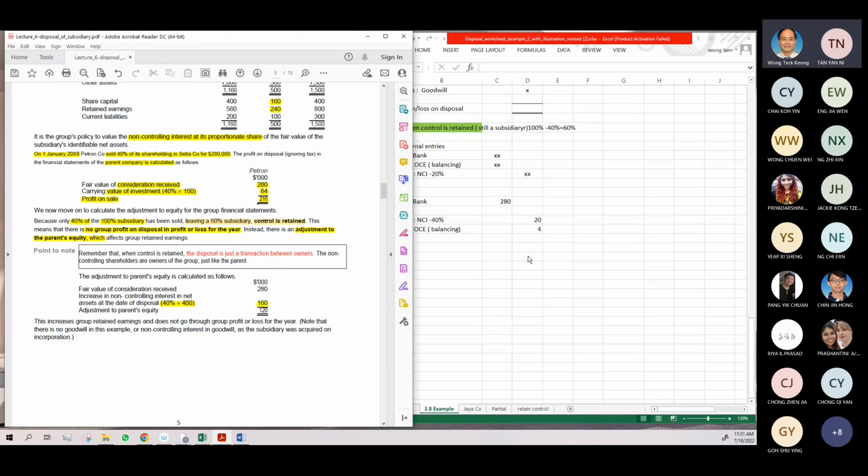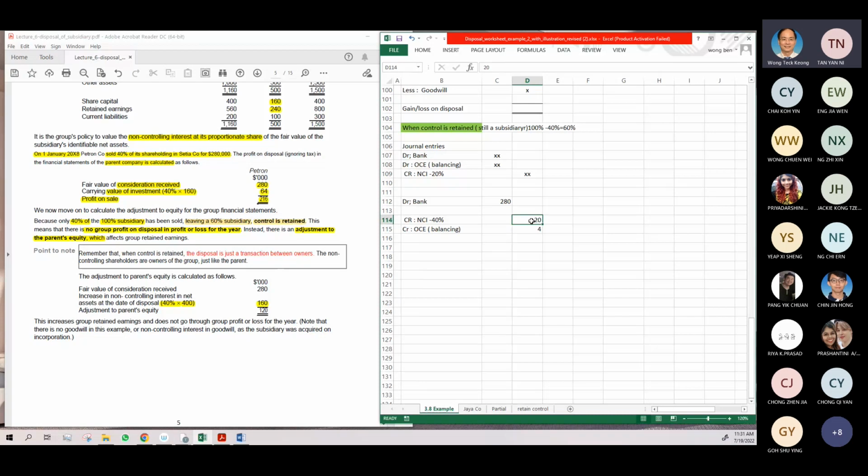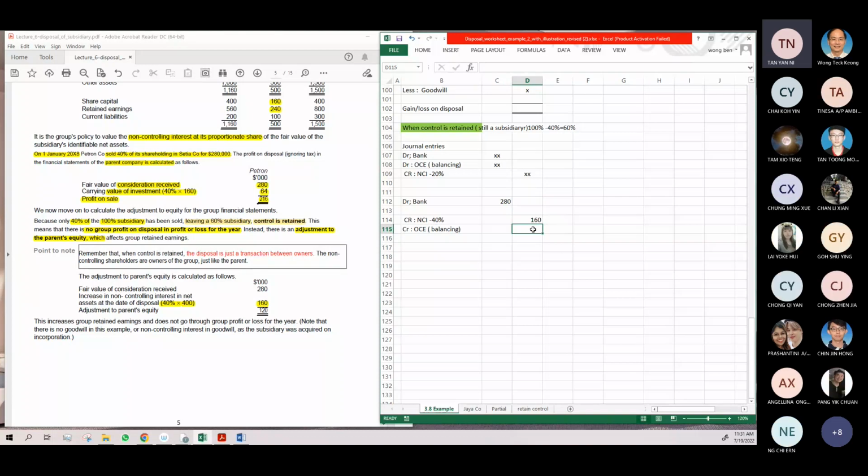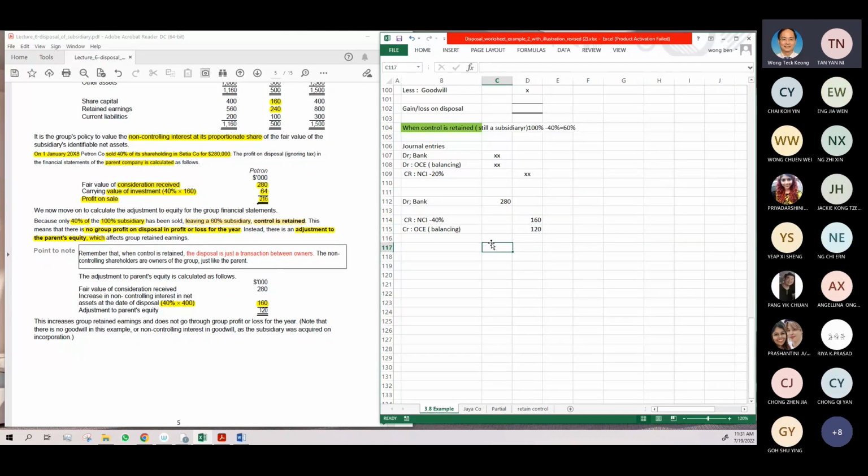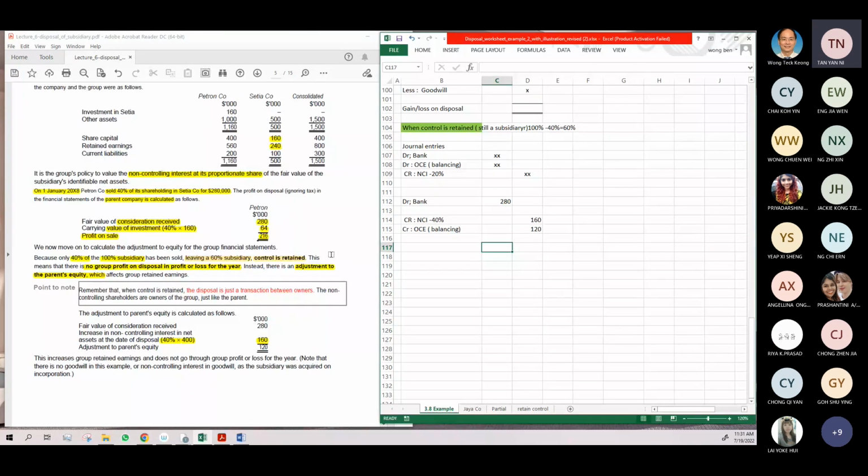So here the NCI of 40% is 160. So the balancing difference will be 120. So we pass this entry in your console, of course, it balances. So the rest you just add across, other assets add across, current liabilities add across. Get investment in Sedia, you contra off and you compute your goodwill. Up to here, any questions?